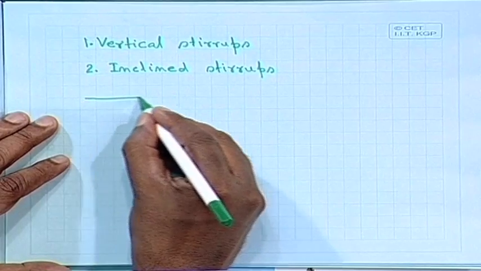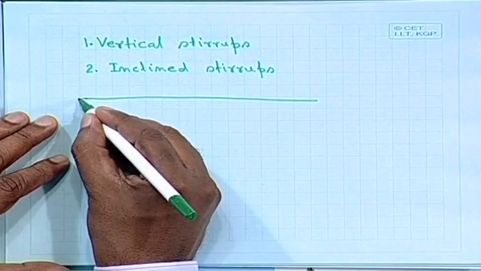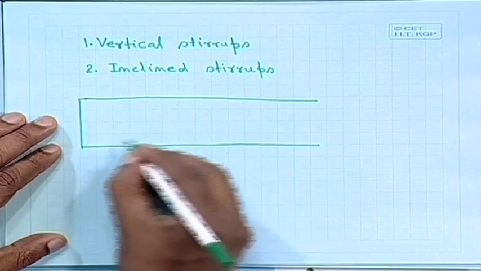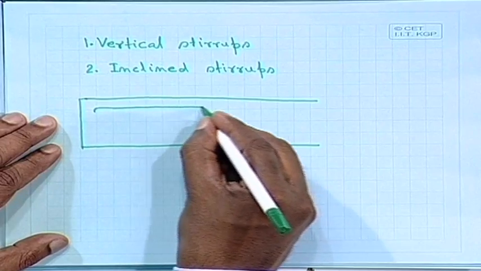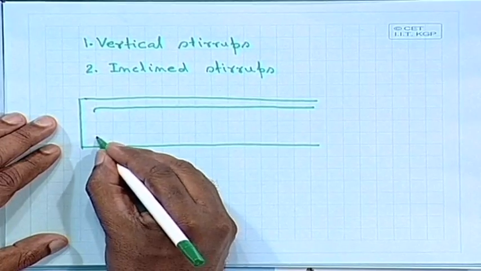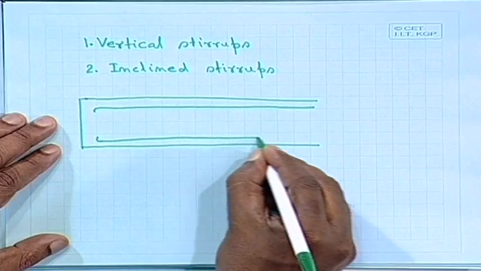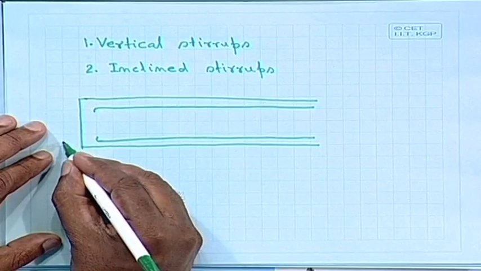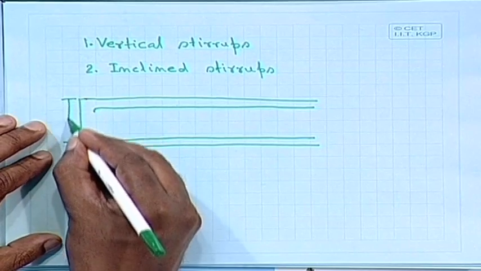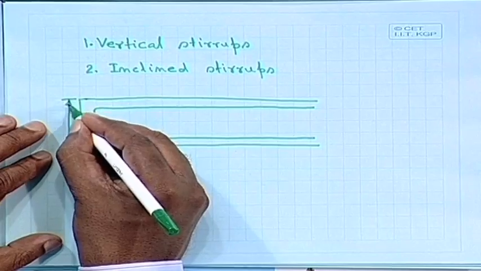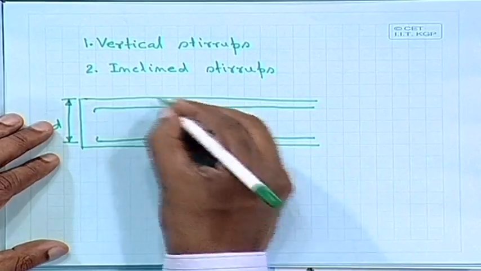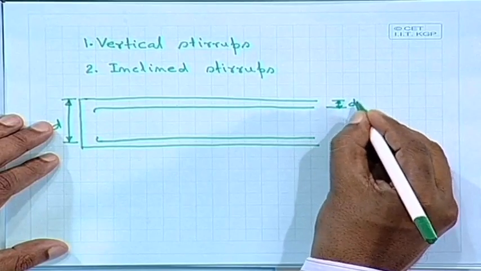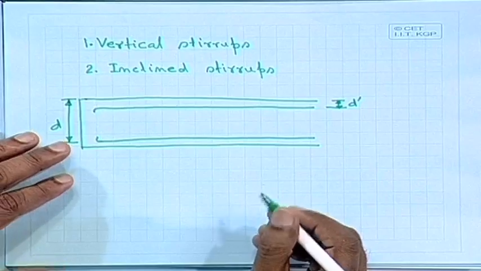Let us take one beam. We have compression members or hanging bars and tensile members, tensile reinforcement. So, the effective depth D, and we have D dash from the top, that effective cover.